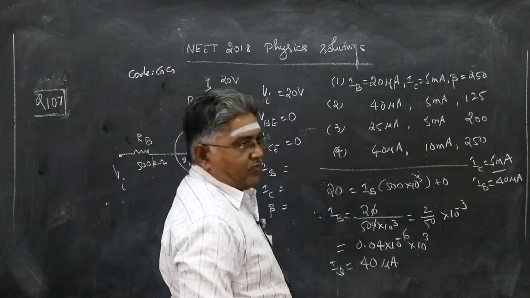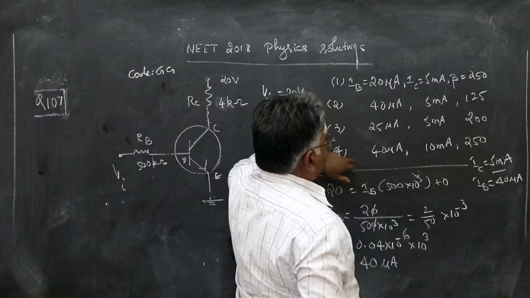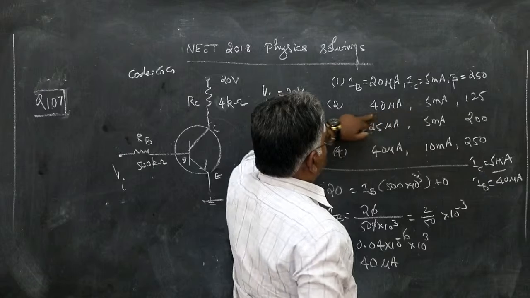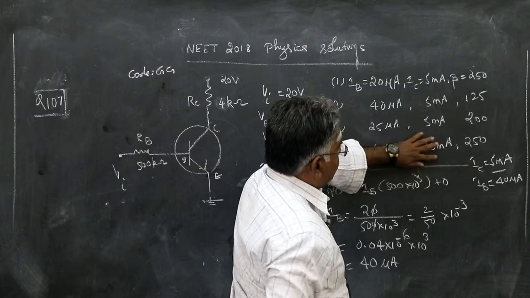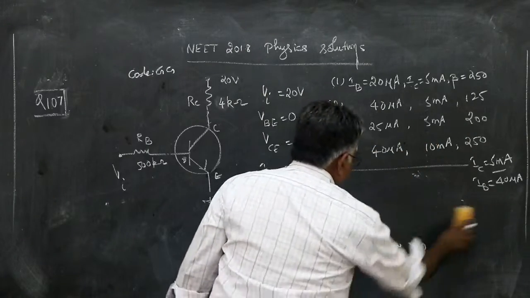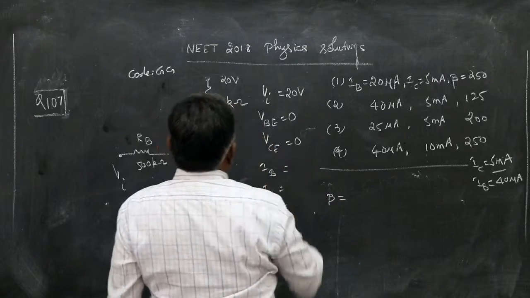Of course, beta you can find from this. It's enough if you find only these two, because this 40 microampere and 5 milliampere, only this is there. This is 40 microampere and 10 milliampere is there, so exclude. But anyhow, if you want to cross check, beta equal to IC by IB.